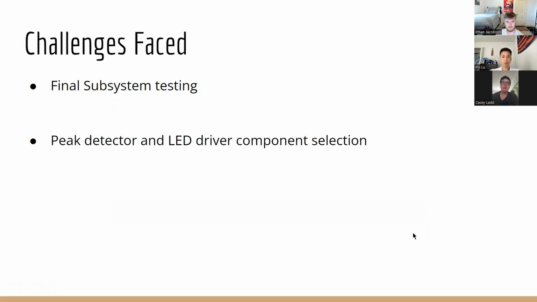The other challenges that we were facing were when we were creating the peak detector and LED driver component selections. One of the issues was during our creation of our low pass filter after the super diode.